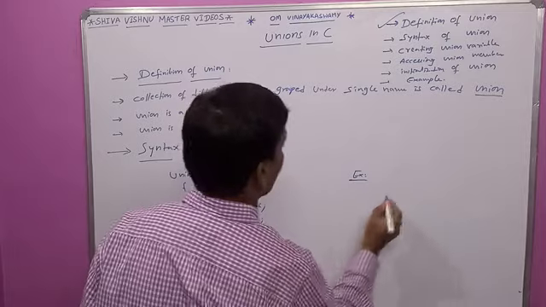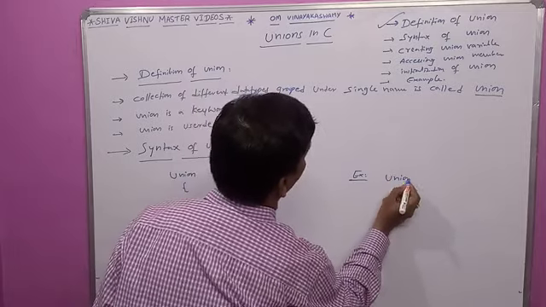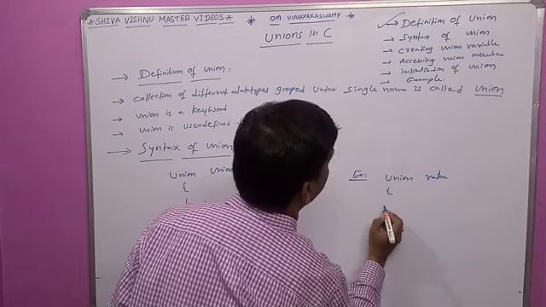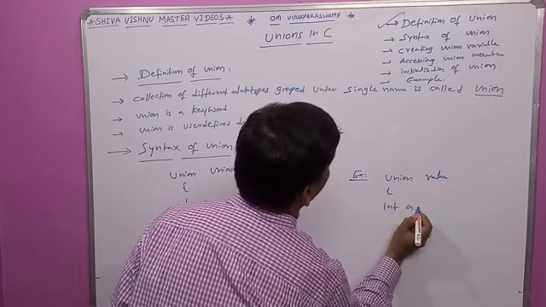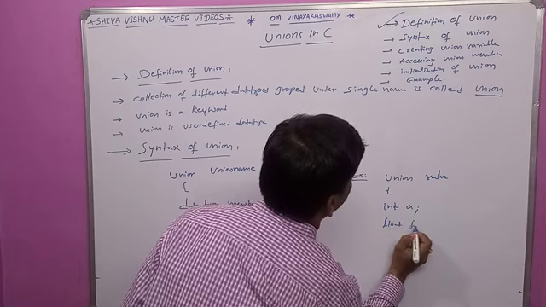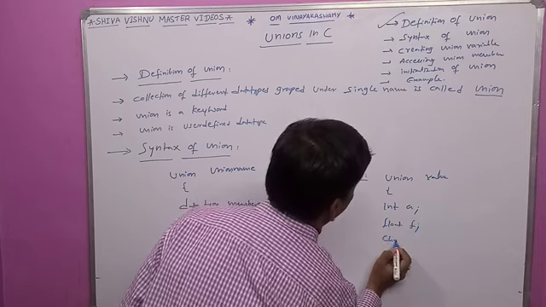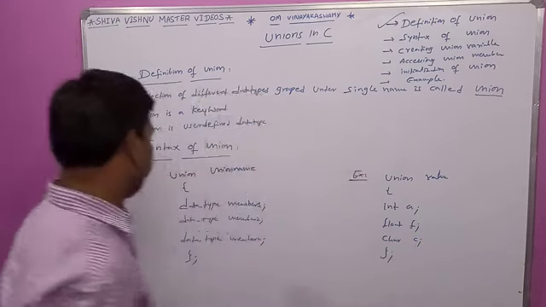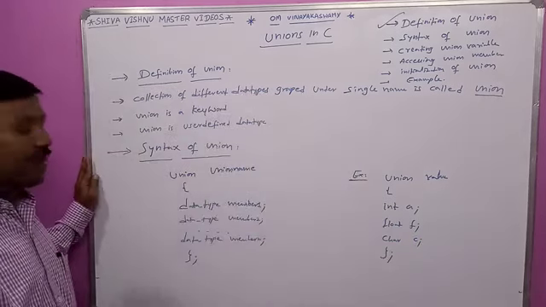Example: union value, open brace, int a, float f, char c, close brace, semicolon. This is the syntax of a union.